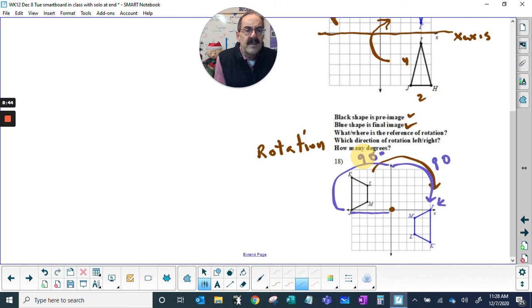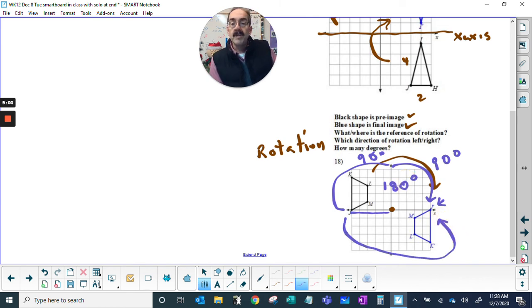90 degrees. So we rotate 180 degrees in which direction? Could have been either way, couldn't it? We could have gone this way and got the same answer. So rotation, capital R, 180 degrees. Okay, and we could do this way, or in this case, both answers are correct.